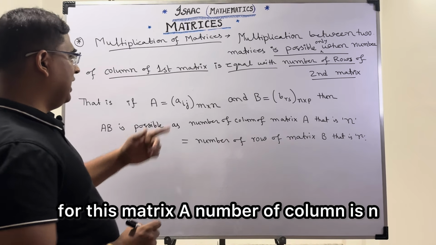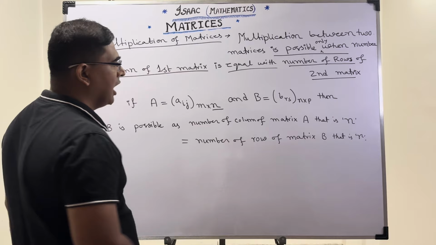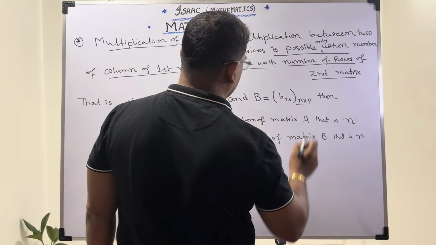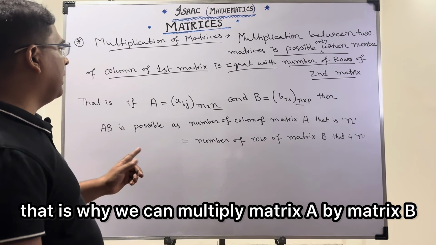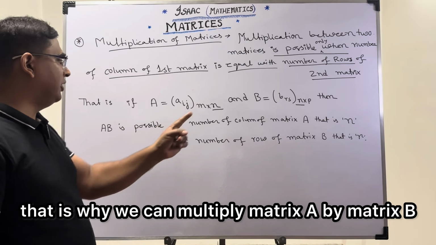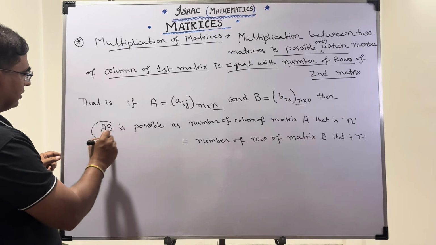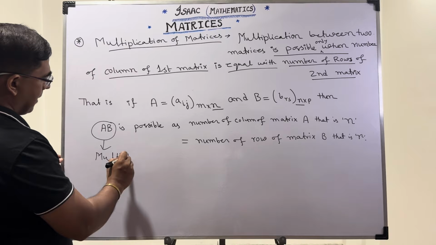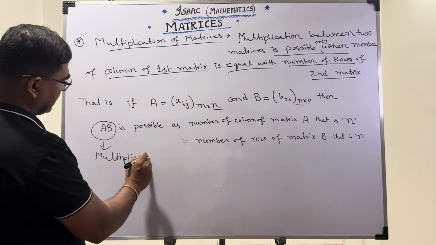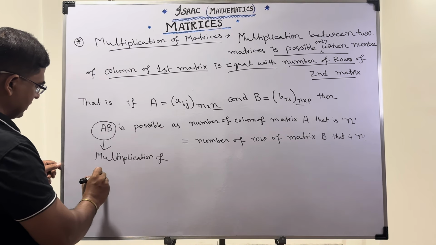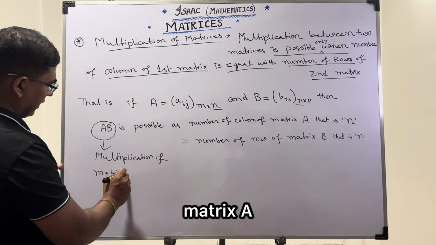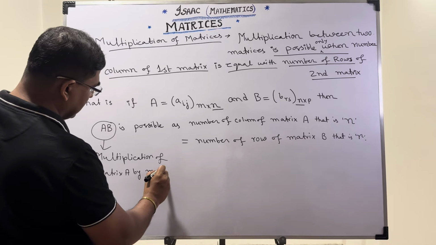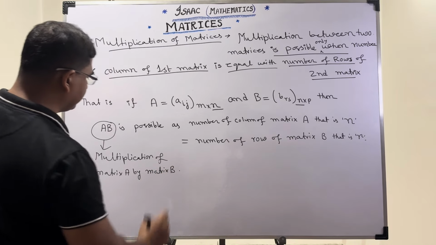For this matrix A, the number of columns is n and for this matrix B, the number of rows is n. That is why we can multiply matrix A by matrix B. So AB represents multiplication of matrix A by matrix B. Okay.